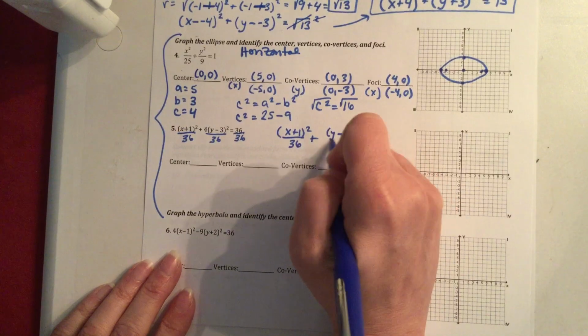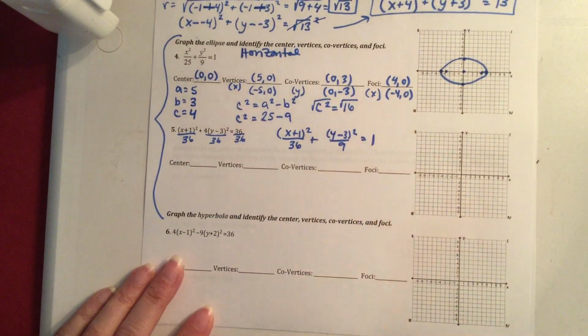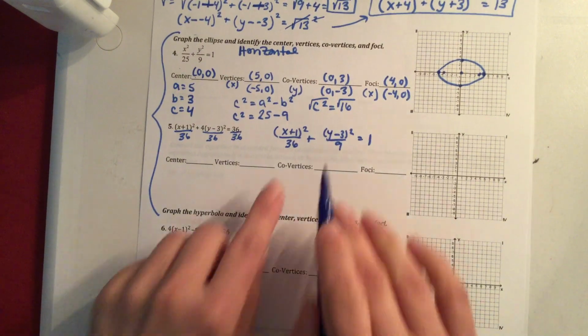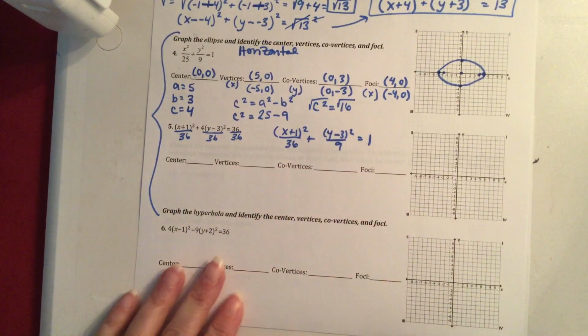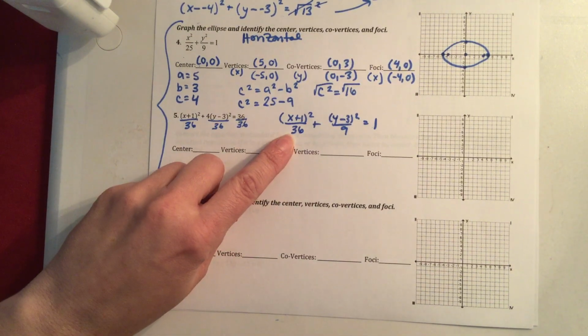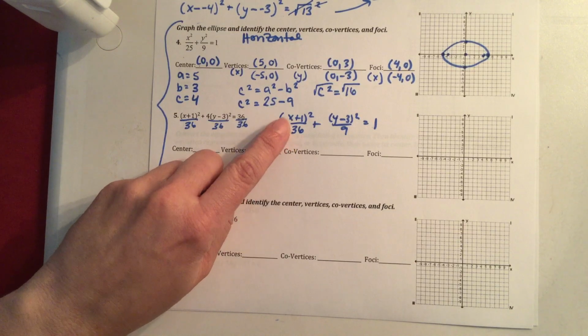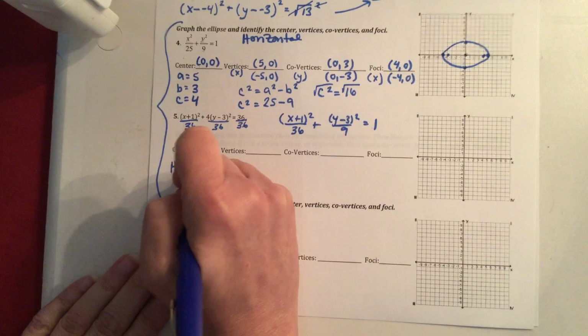That can be simplified to 1 over 9. 36 over 36 is 1. Now again, I have my two fractions. I have a plus sign, so I know it's an ellipse. It's equal to 1. To see if it's horizontal or vertical, you look at the largest denominator. The largest denominator is 36. The variable above the largest denominator is x, so it's horizontal again.